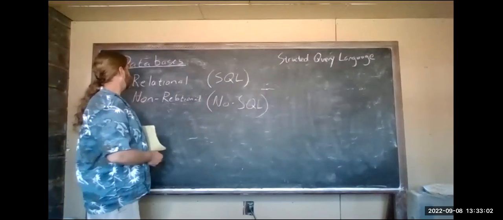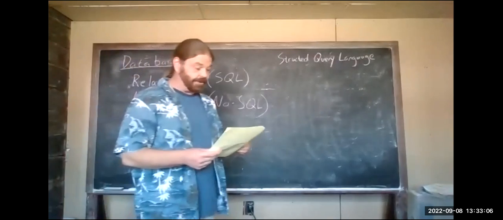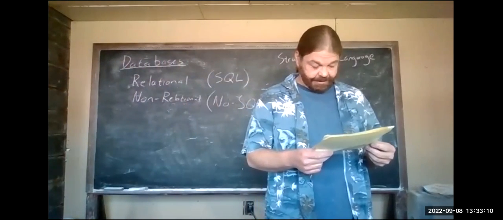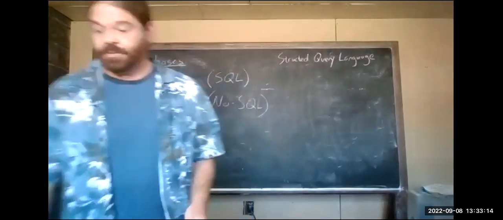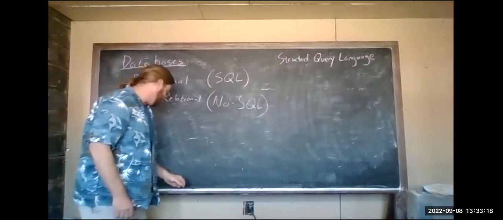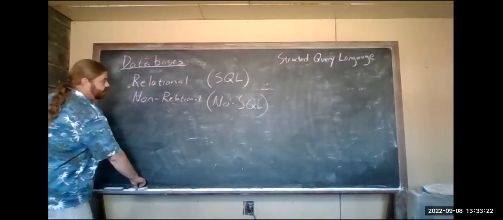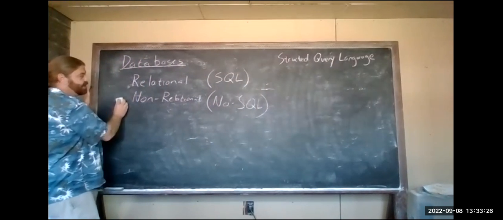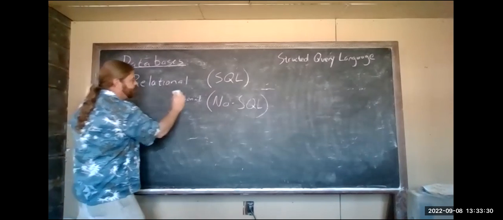But relational or non-relational databases are two main categories. What I have in SQL and NoSQL. So the one we use that most people think of when we say database is going to be a relational database. I'm going to erase this line and talk about relational databases, and then we'll come back and talk about non-relational ones.